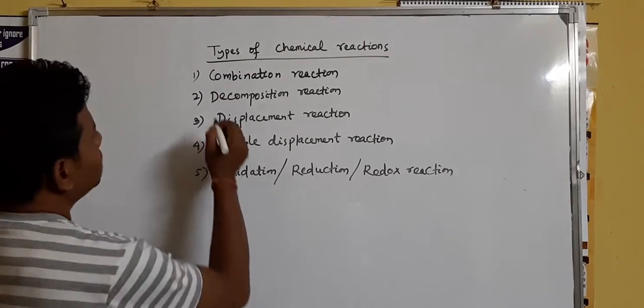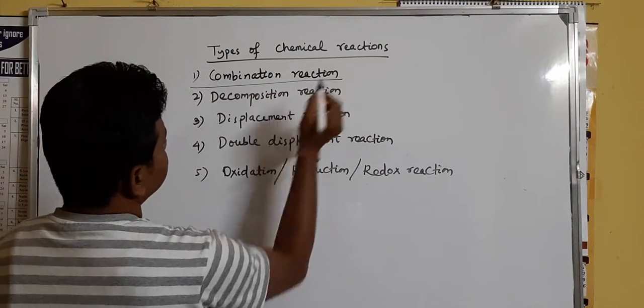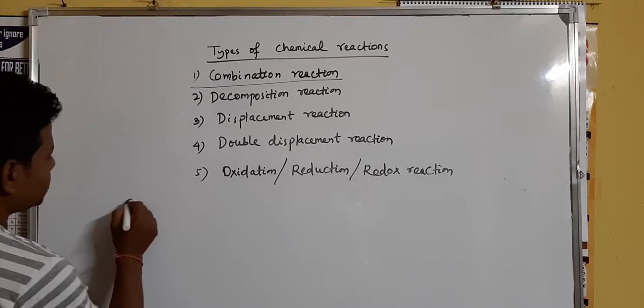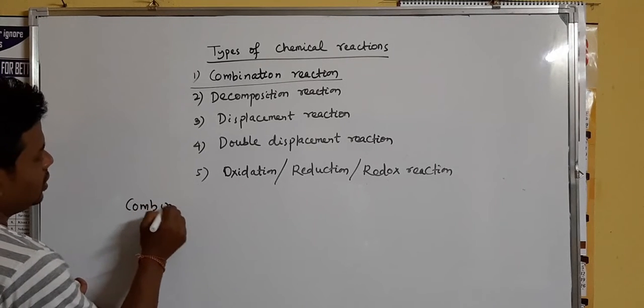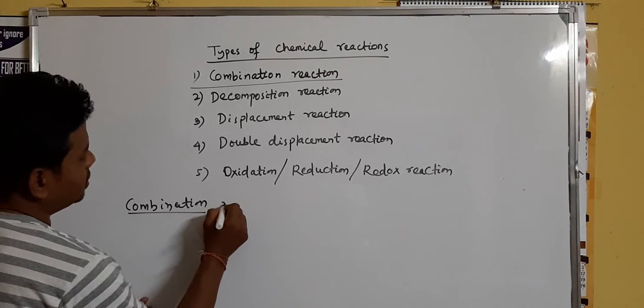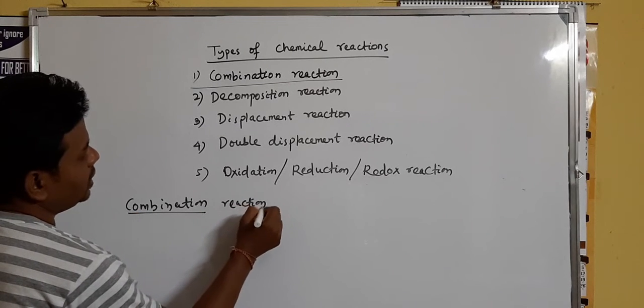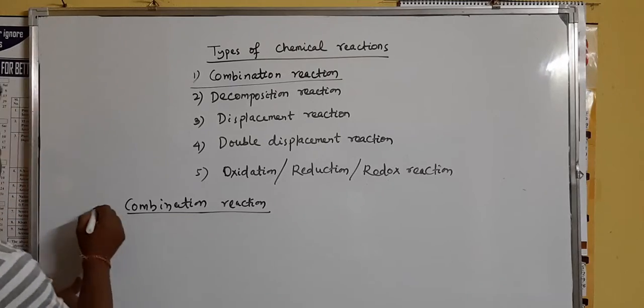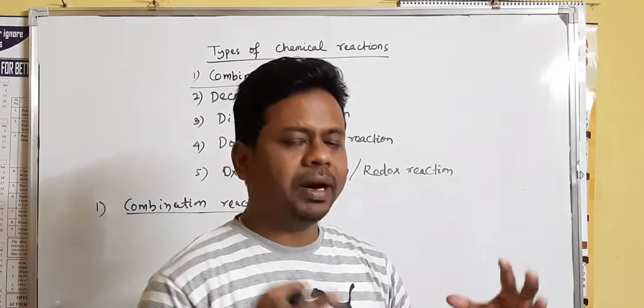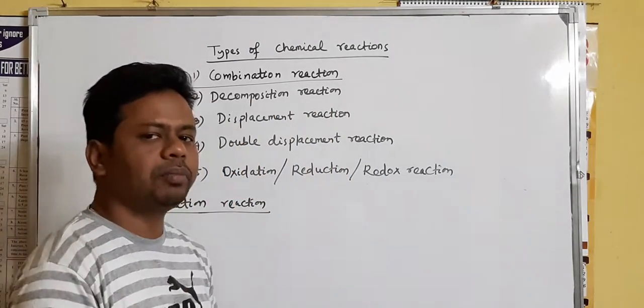The first one we will discuss is the combination reaction. In a combination reaction, as you find the word combination, combination means to combine. So what happens in this reaction, two or more reactants combine to form a single product.